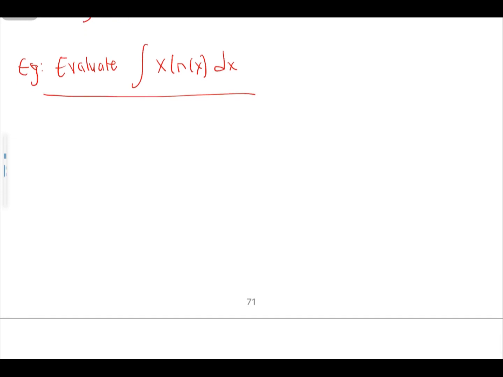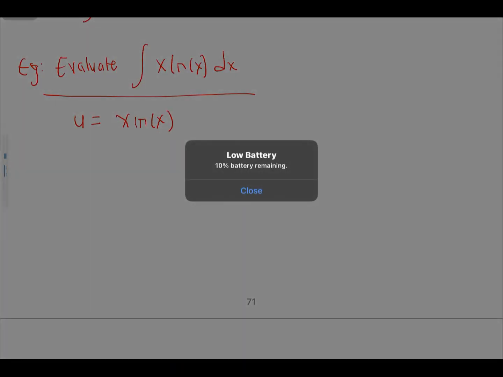Because we have already evaluated something like this in my previous tutorial, we came to the fact that our u should be equal to ln x, based on the assigned function that we gave it.